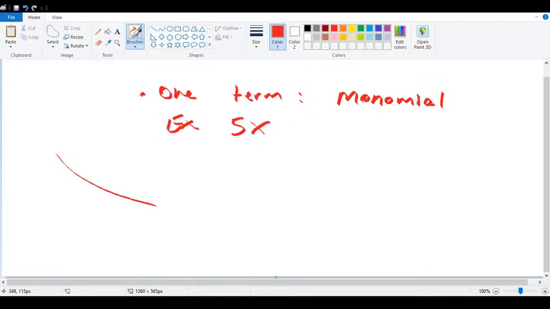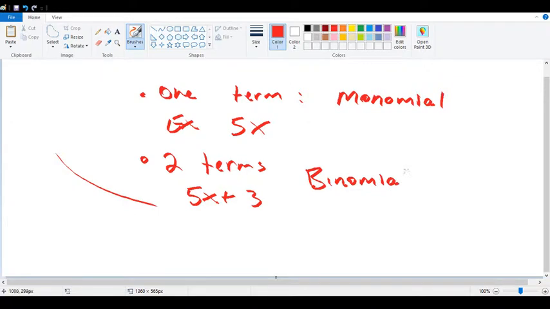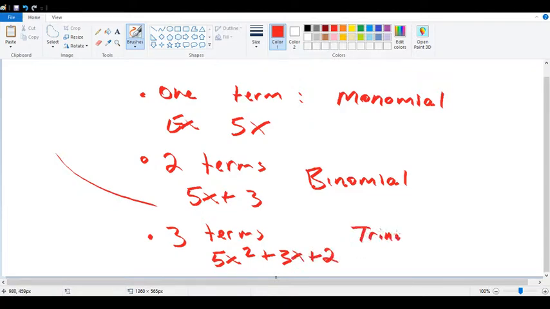If I have two terms, such as 5x plus 3, then this is called a binomial. If I have three terms, such as 5x squared plus 3x plus 2, then this is called a trinomial.